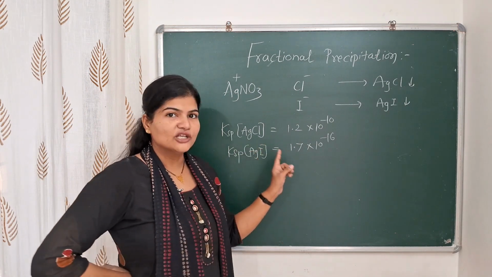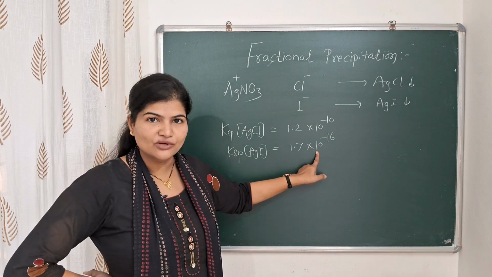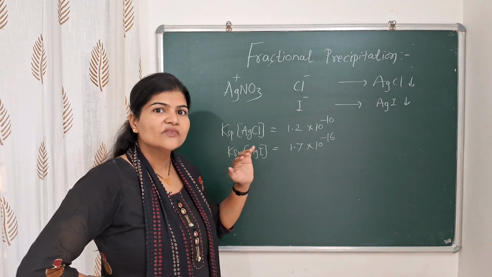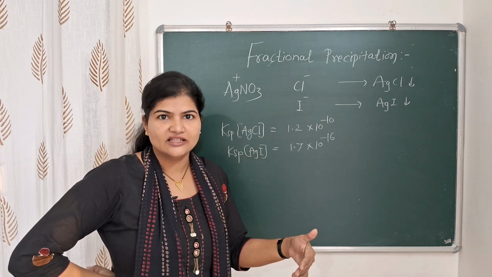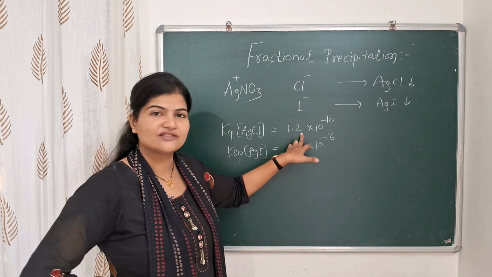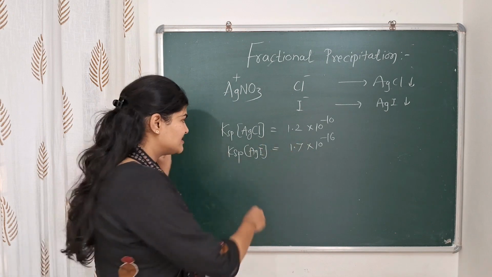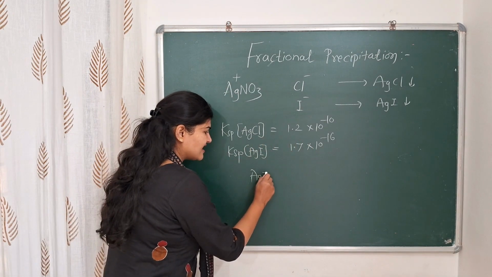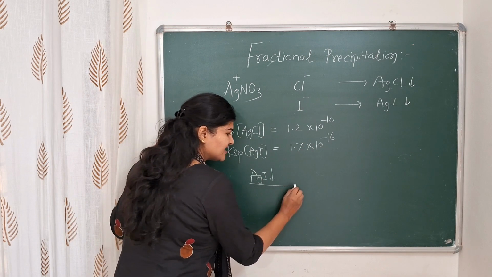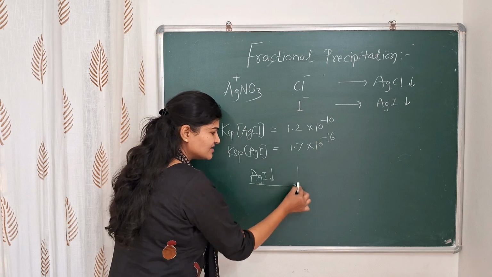So when the ionic product reaches this value, the precipitation of AgI will start, and then it will continue till the ionic product does not exceed this value. So precipitation of AgI will start first, then it will continue for some time until this value is reached.